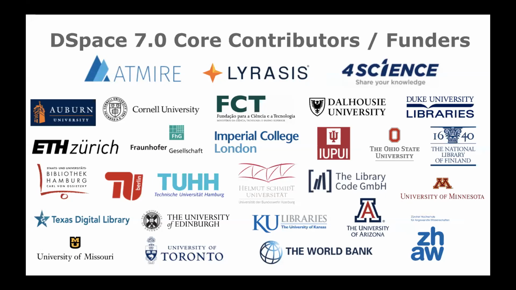We actually did some fundraising to help us pay our development teams and keep them on track to get releases out on a regular basis. So getting out those beta releases, beta 1 through 5 over this last year, culminating in that testathon, all of that effort was through fundraising and through the efforts of Atmire, LYRASIS, and Science. Those are the three main groups that we're fundraising for, and they're doing most of the development and effort right now.